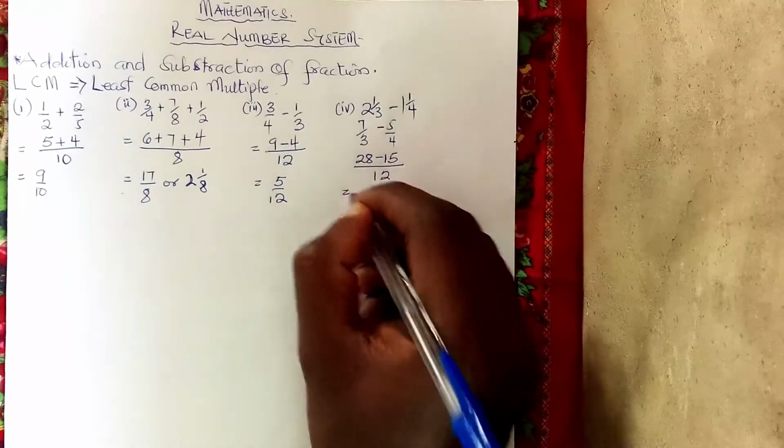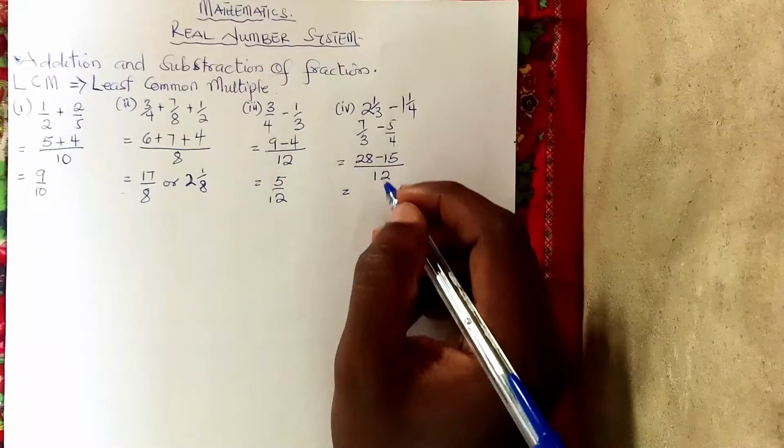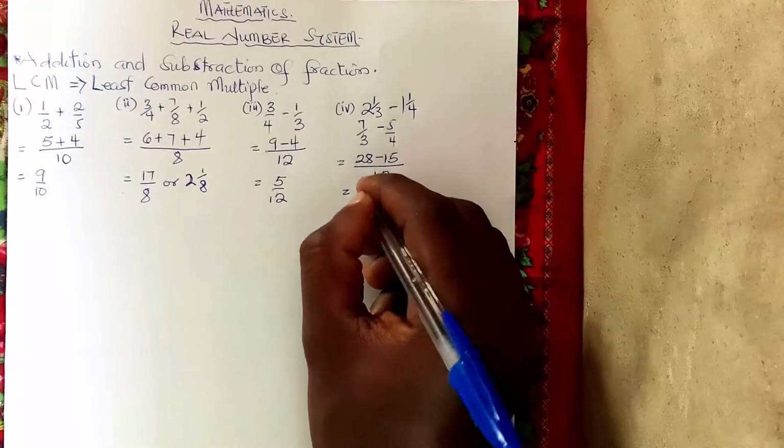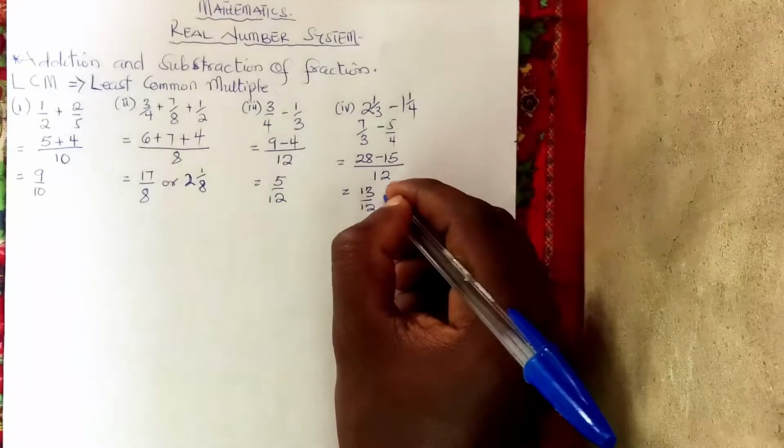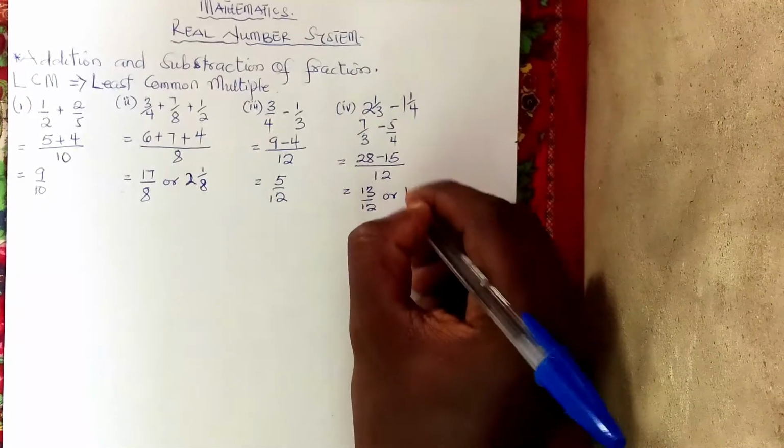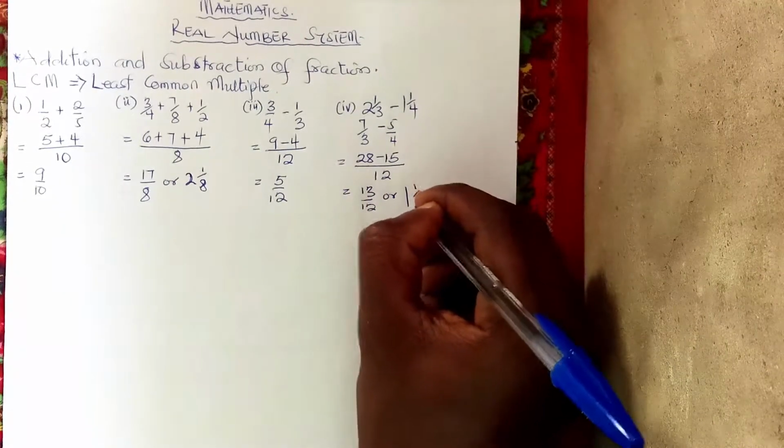So our final answer, when we subtract 15 from 28, we get 13/12. With this, we can change it to mixed fraction, of which we get one whole number 1/12.